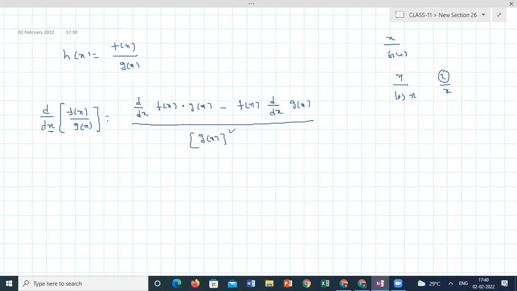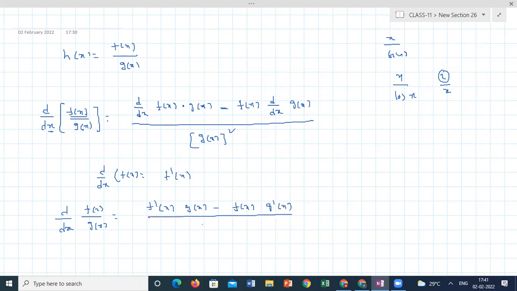To avoid such big expressions, d by dx of f of x has a symbol, that is f dash x. So the differentiation of f of x by g of x is f dash x into g of x minus f of x into g dash x, divided by g of x whole square.